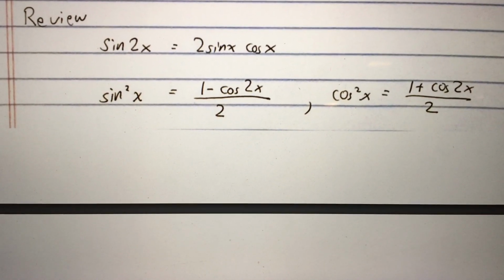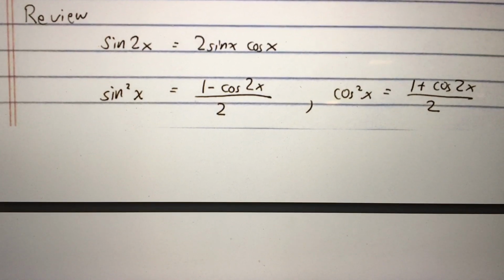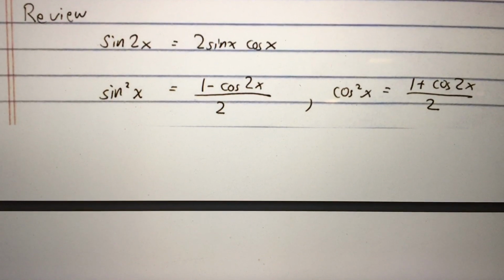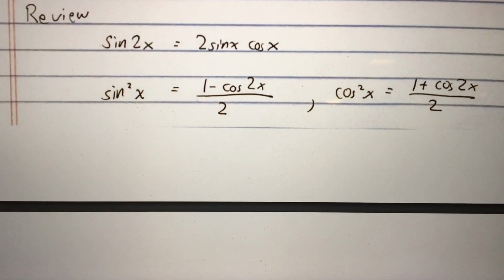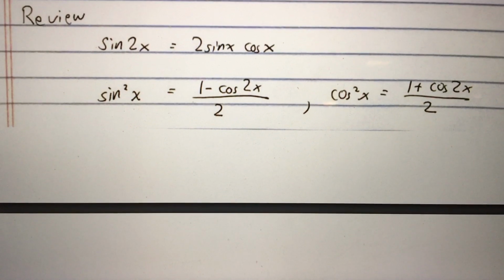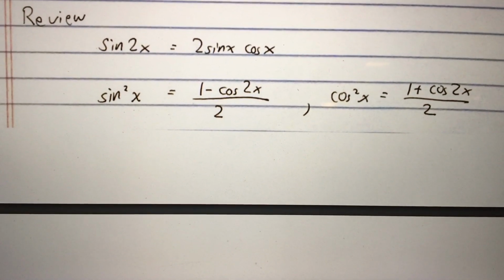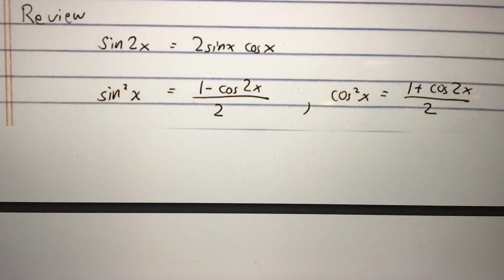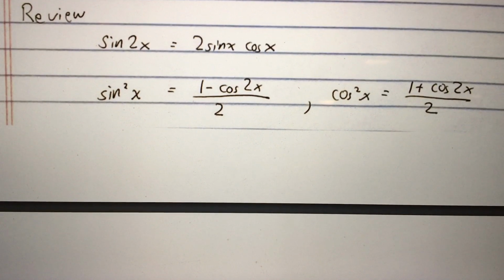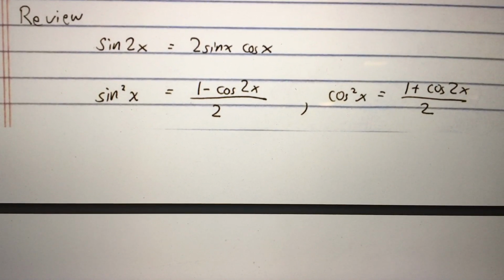You get 1 minus cosine 2x plus 1 plus cosine 2x, and they cancel, you get 2 over 2, which equals 1. So we do have sine squared plus cosine squared equals 1 also. And then there's the versions of that one where you can divide through by sine squared and cosine squared and get ones with secant squared and tangent squared.